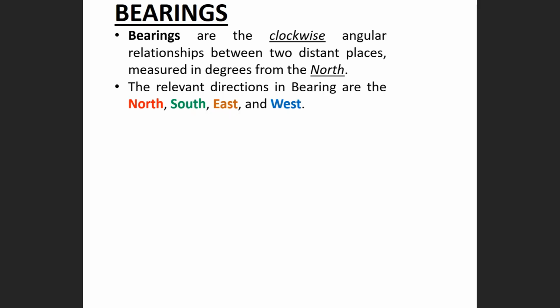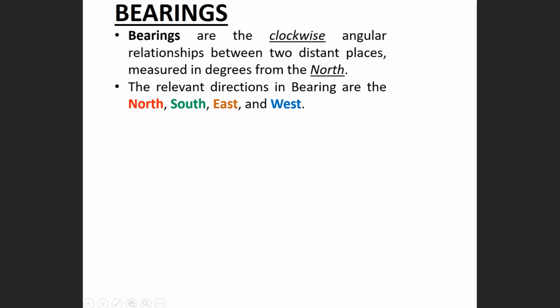So from its true north, which is 0 degrees, all the way down to the line that joins the two houses together. It's basically another way of describing distance between places, but one thing to take note of is that it is measured in degrees from the north.